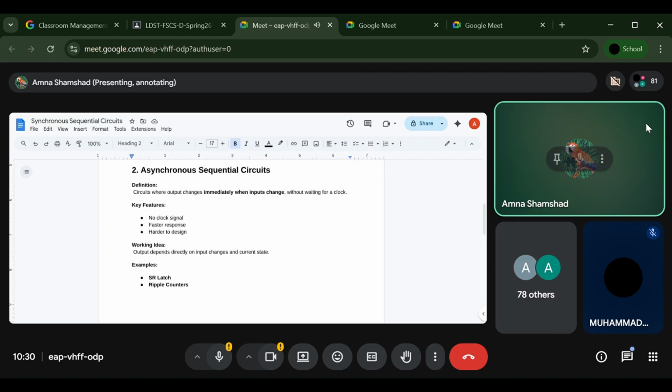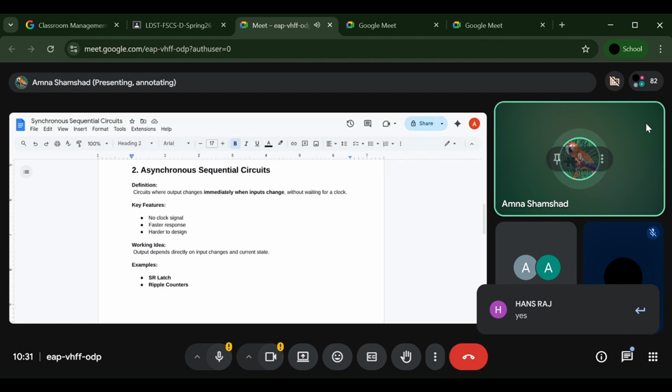In class we have done up to flip flops, different types of flip flops, and latches, and the rest of the sequential circuits are left. Is the main theme between synchronous and asynchronous clear to all of you? One is with the clock, that is synchronous, and one is without clock, that is asynchronous. Both are types of sequential circuits.